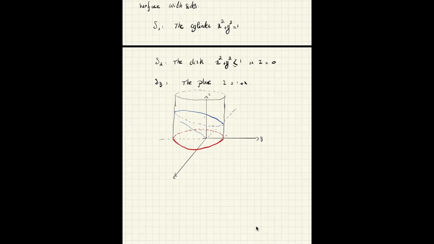Now, when you have this plane intersecting the cylinder, you're gonna get an ellipse.